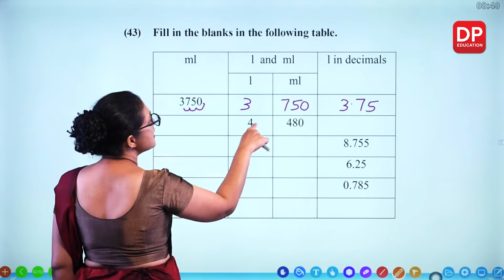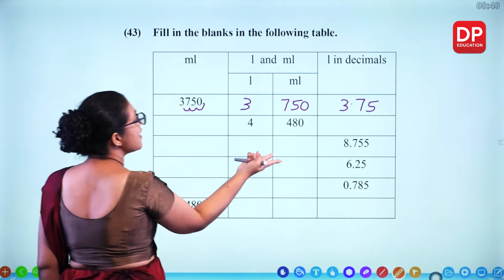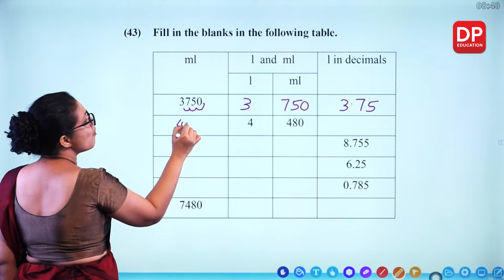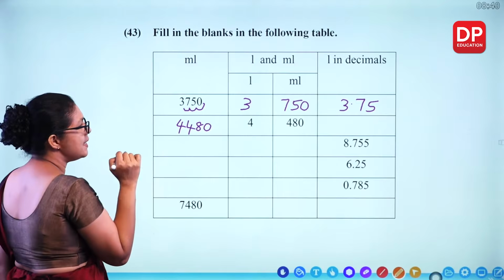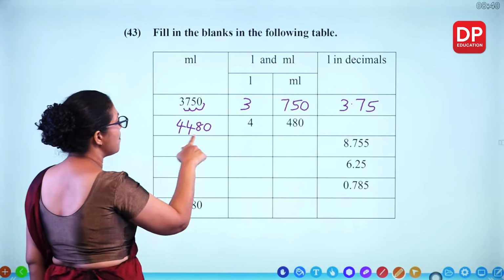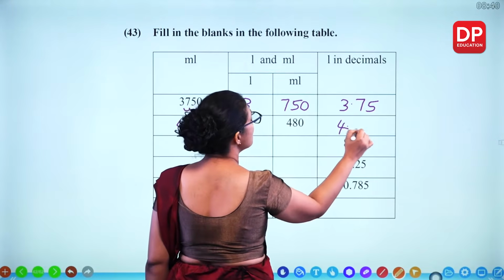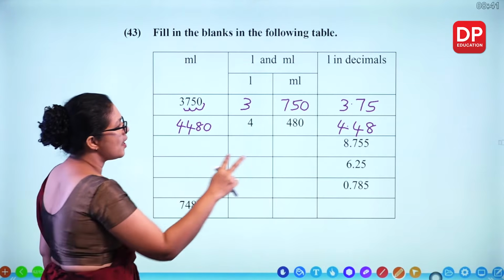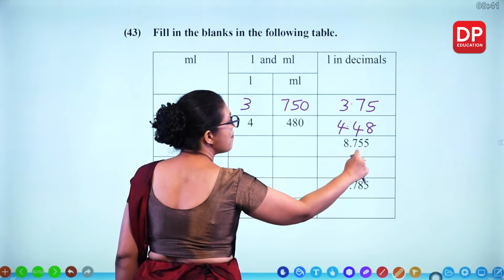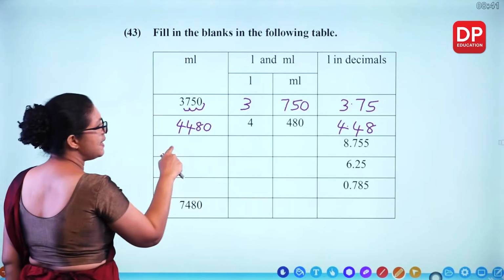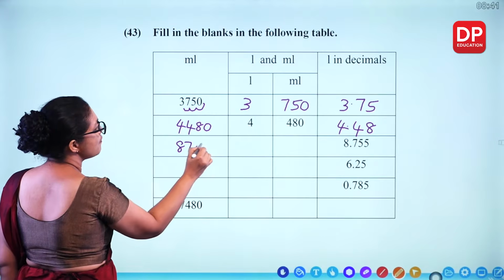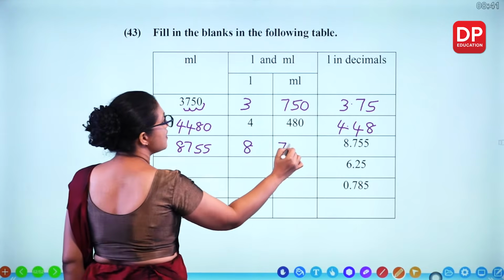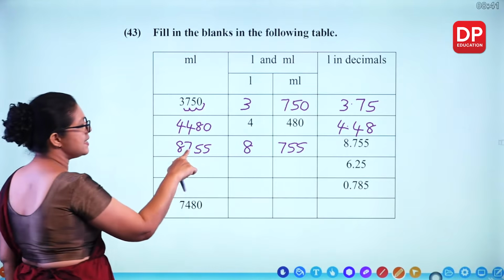Here 4 liters and 480 milliliters are there. Altogether milliliters means 4480 milliliters. When you divide by 1000, you get 4.48 liters. This one, liters is there. Multiplied by 1000, you get milliliter value, 8755. So how many liters are there? 8 and 755 milliliters are there.